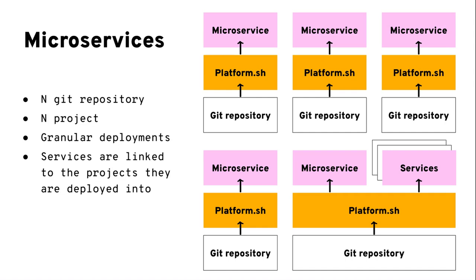Although this diagram may seem more complex, it's not really. This is just about using Platform.sh at scale to manage a fleet of microservices. They will interact between themselves only through API or HTTP calls, making them completely independent from one another.